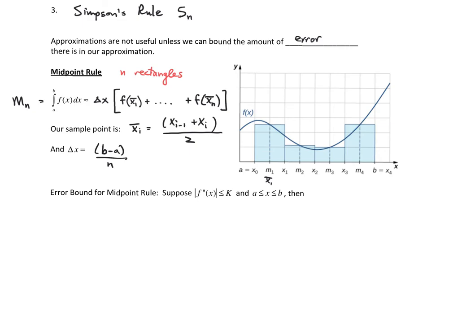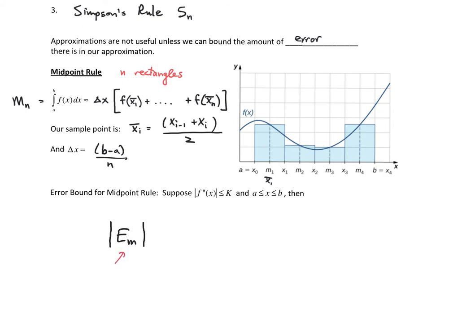Now, as I had mentioned earlier, our approximation is not useful unless we can bound the amount of error. So let's write down the error bound for this midpoint rule. And I'm going to call the error E sub M. And I'm going to put absolute values around it because we don't know if it's going to be an overestimate or an underestimate.